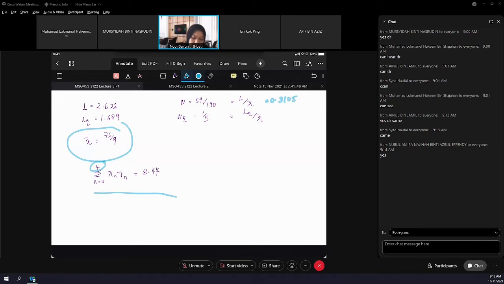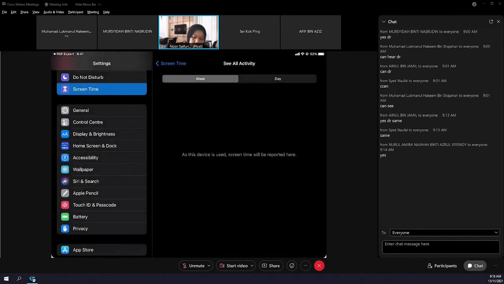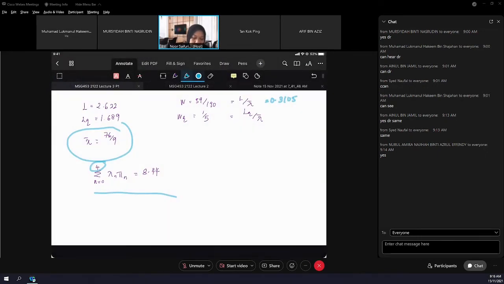You should get 0.3105, and your WQ is 0.2, right? So that is all for example 3.1.